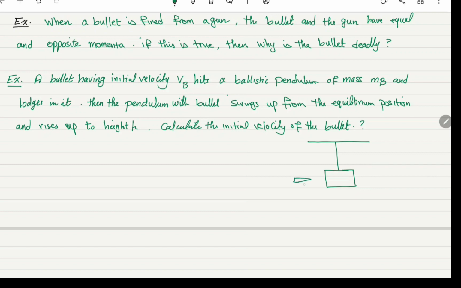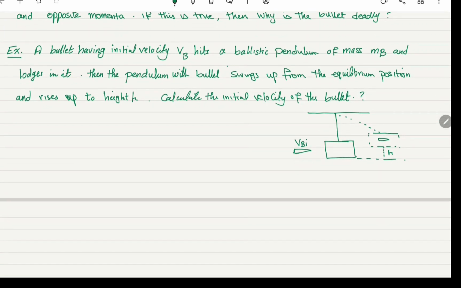So after the collision, when the bullet sticks inside this wood pendulum, it rises to this new position here, with the bullet inside it, and here's h. We need to calculate the initial velocity of the bullet.